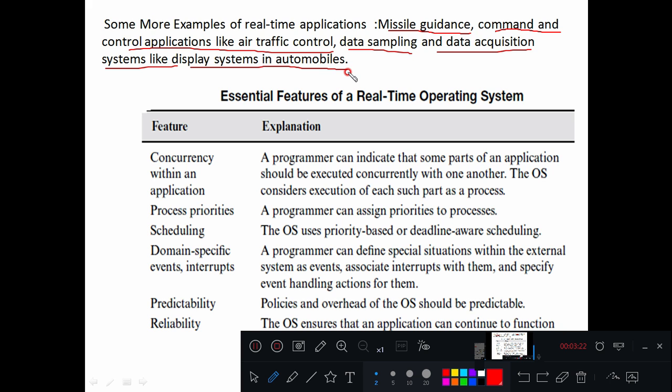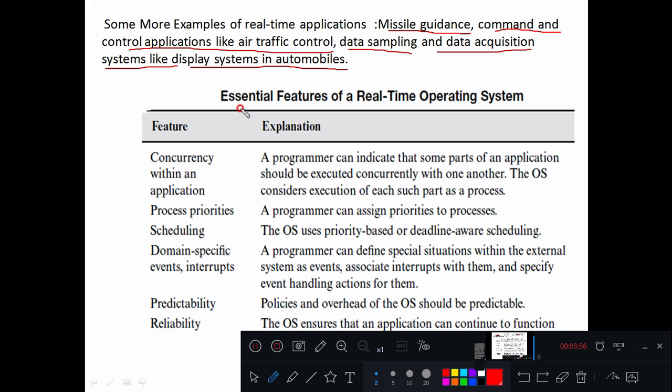Even in aeroplanes, whenever the button is pressed, the parachute or the oxygen mask has to be released during some emergency. So all these operating systems or computer systems follow a real-time operating system, where the task has to be performed within a given time limit.